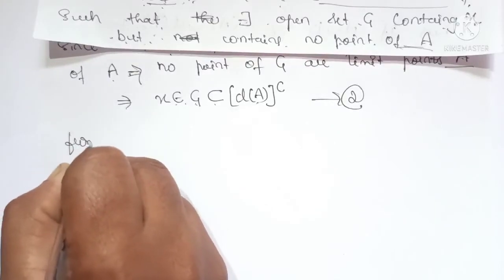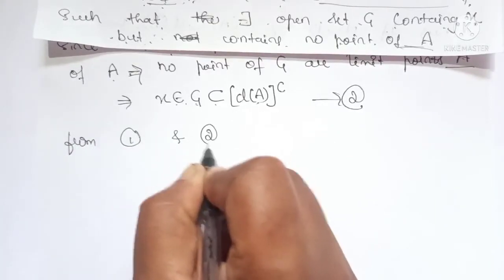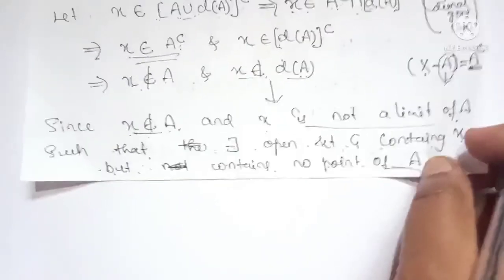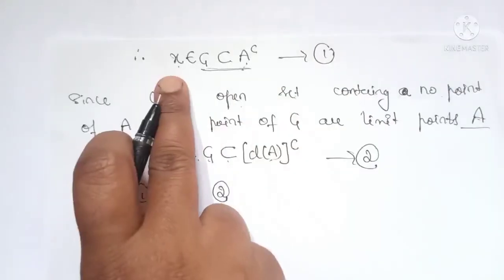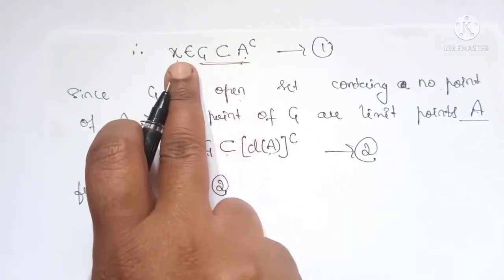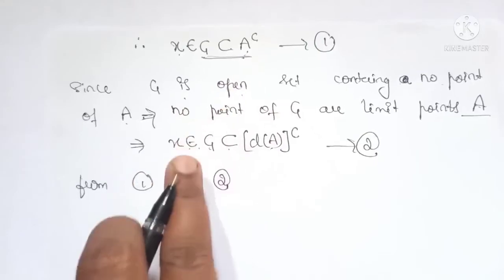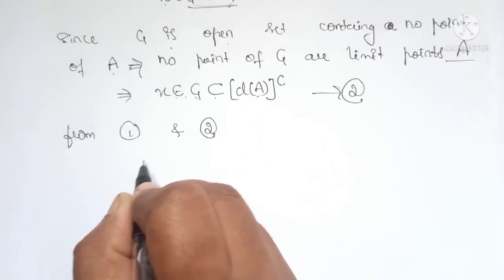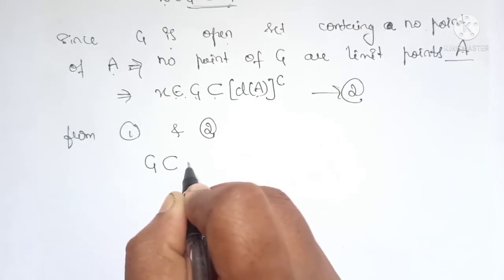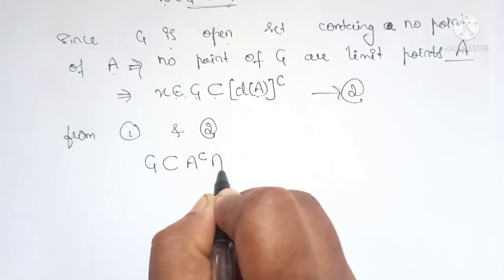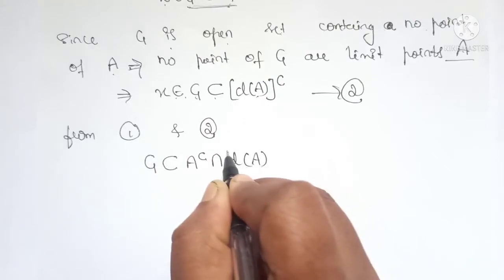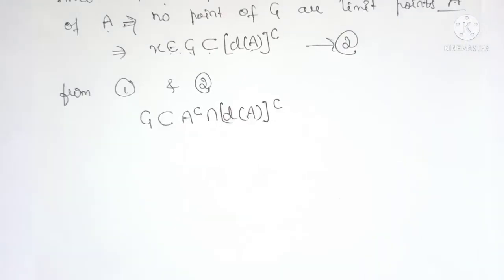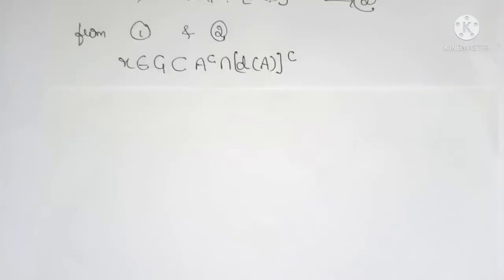Therefore from 1 and 2 we can say that G is a subset of A complement, and G is a subset of the complement of the derived set of A. So therefore G is a subset of A complement intersection D of A complement, so x belongs to this.